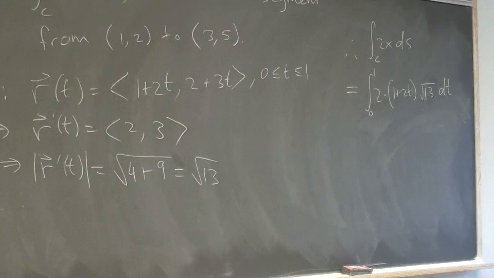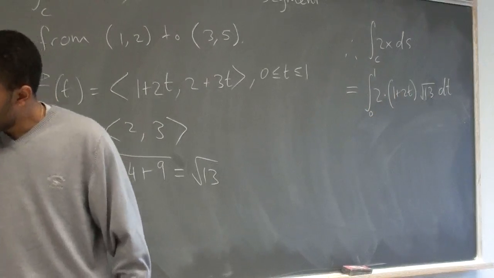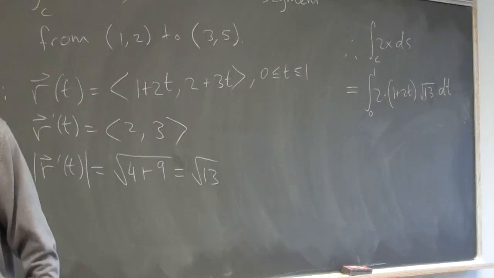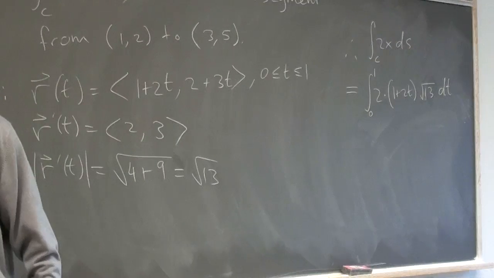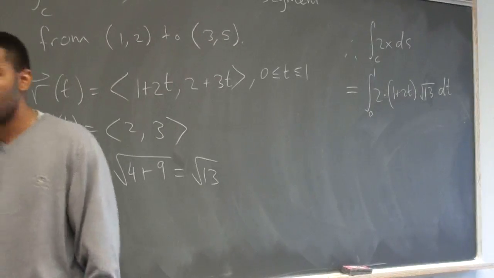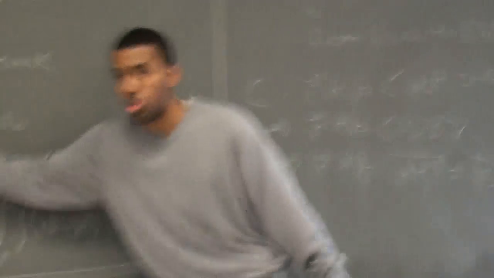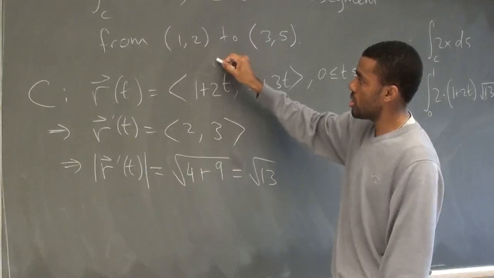2 times 1 plus 2t. Can you explain that 2 times 1 plus 2t? It comes from this fact here. Here I have f of x, y. It's a function of x and y, but I have to rewrite it as a function of x of t, y of t. So your parameterization actually gives you the x of t, y of t. This formula here is your x of t.